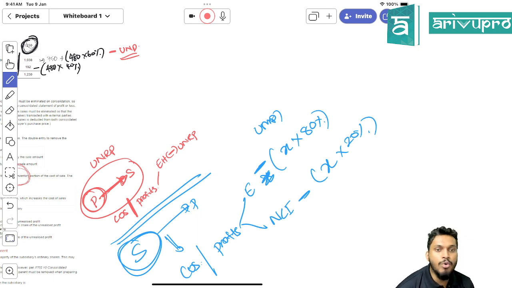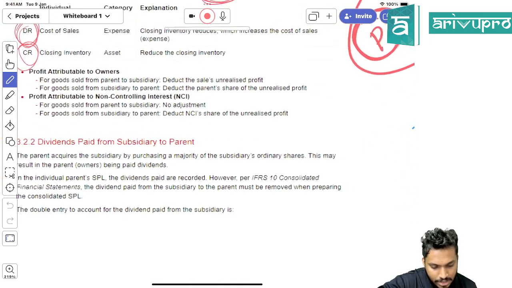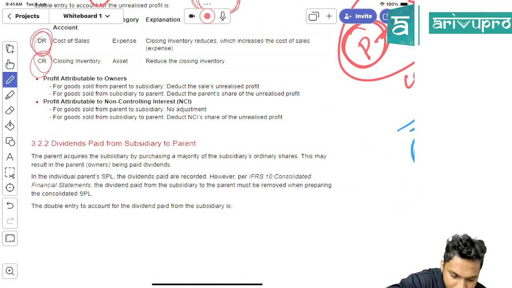You need to derive who is selling to whom. If parent is selling, this division is not required. If subsidiary is selling, then that division is required. Okay. Then, little bit of dividends.